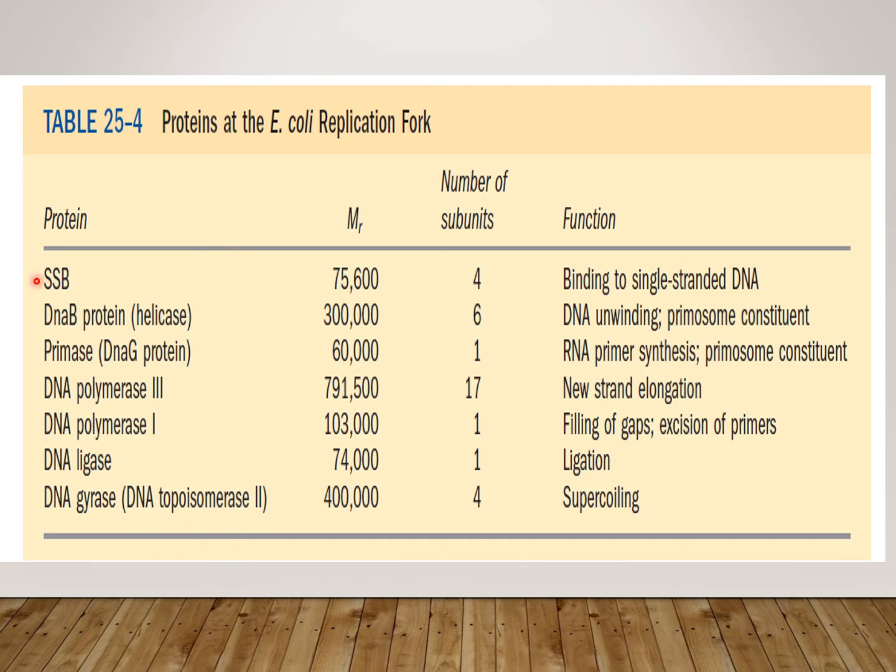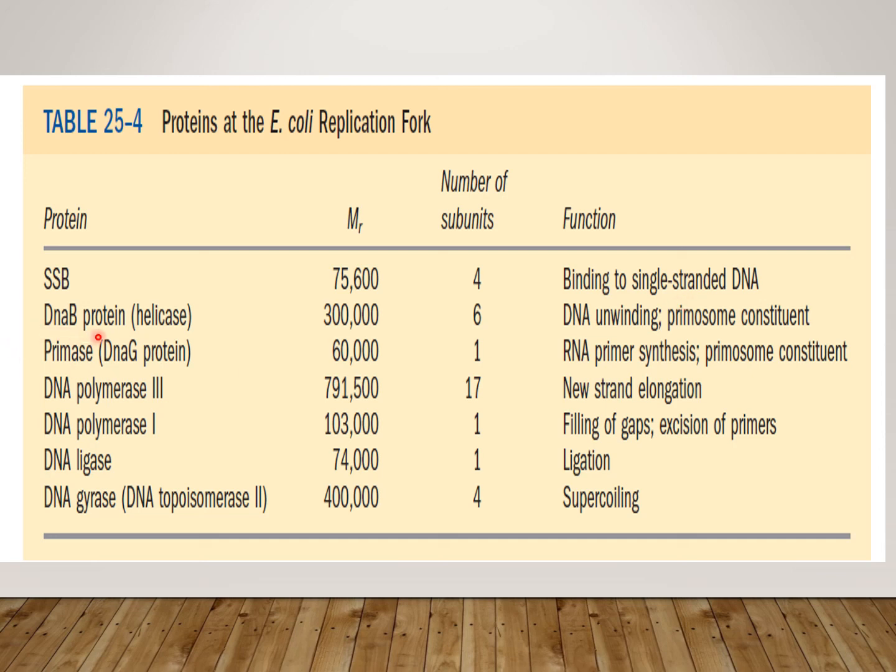Let us revise. SSB stands for single stranded binding protein. These proteins bind to the separated strands of the DNA, stabilize them after unwinding, and do not allow the single strands to recombine.